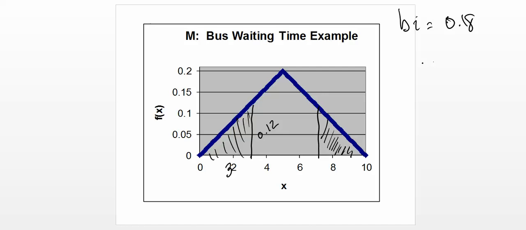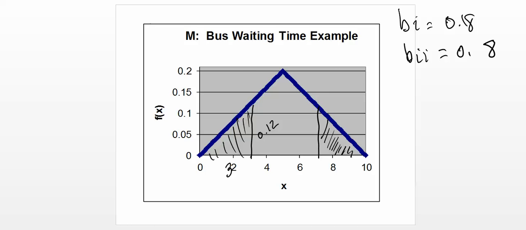That's too easy. By symmetry, I know that B-II, the probability that it's more than 7, is going to be equal to the probability that it lies to the left of 3. So that's just the same as part B-I. So 0.18. And I'm done with B-II.